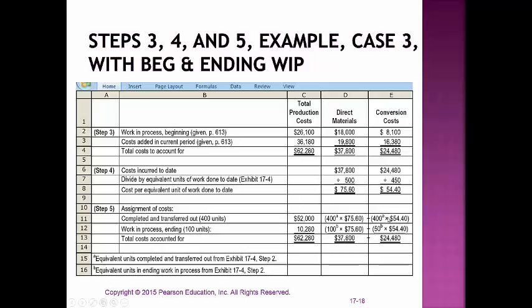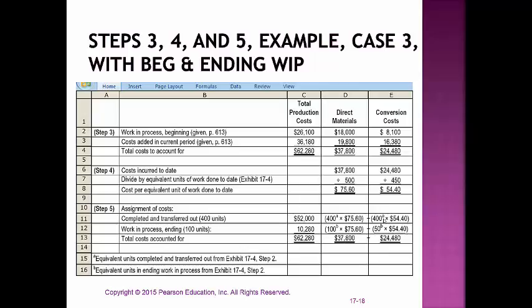They get the full brunt of both of those. So if you were to get out your calculator, 400 units times 75.60 equals $30,240 as to direct materials. And then for our conversion cost, again, 400 units, 100% complete, times 54.40 per unit equals $21,760.